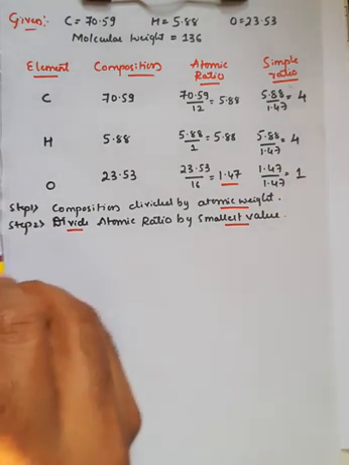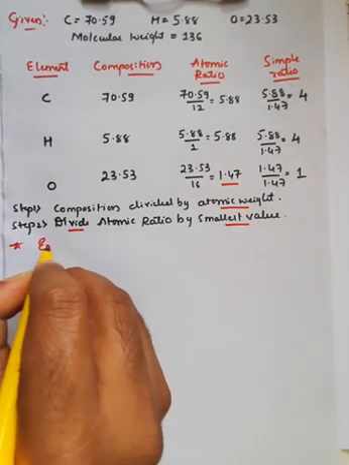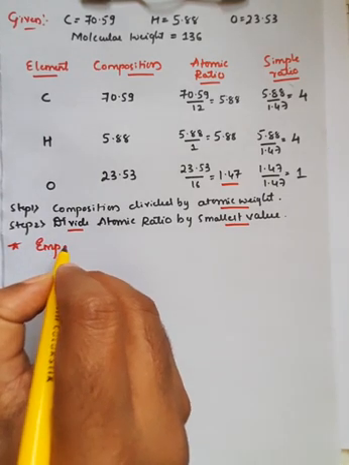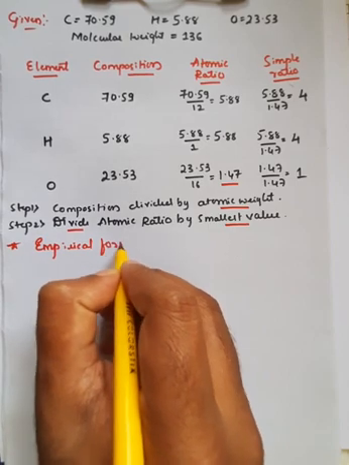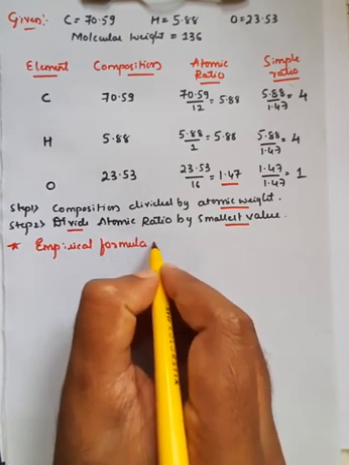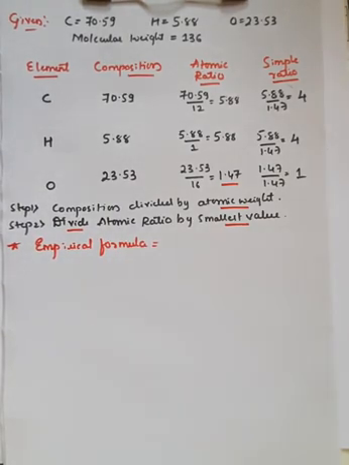So now to calculate the empirical formula, whatever ratio we have got is the empirical formula. Here there are three elements: carbon, hydrogen and oxygen.